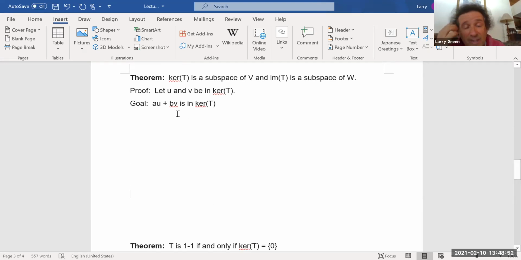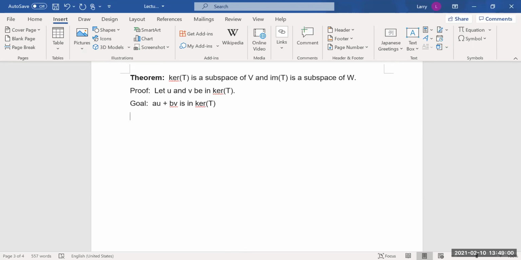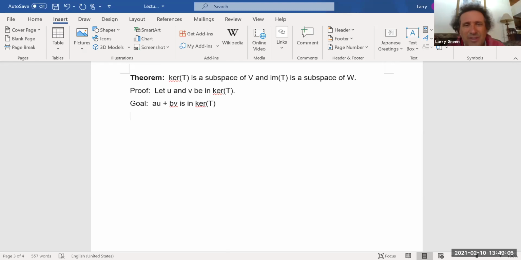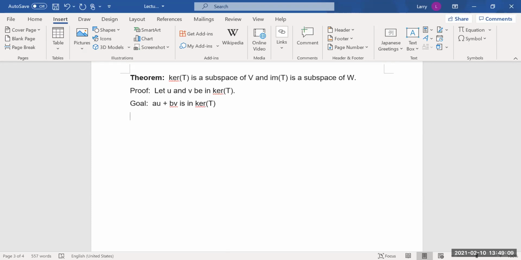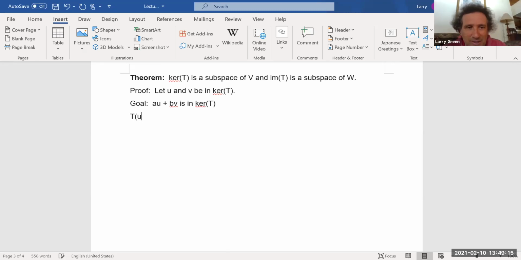Okay, so how do I show something's in the kernel? Very easy. I have this AU plus BV. What do I do to it? I take the linear transformation. I take T of AU plus BV, and to show my goal is true, what am I hoping this is equal to?